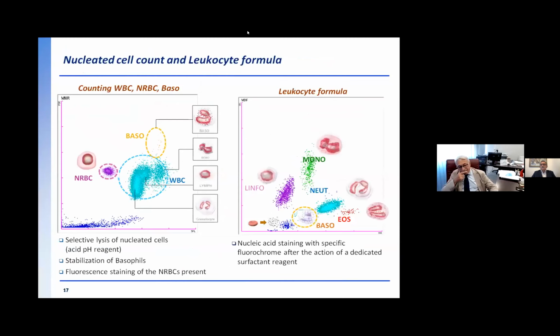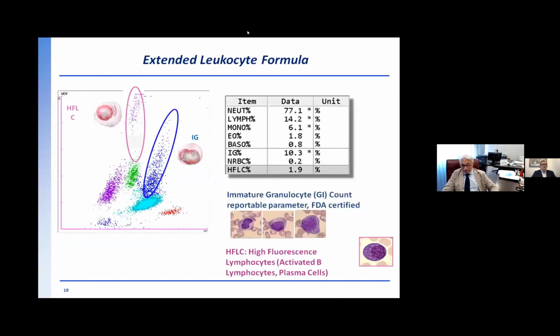There you have nucleated cell count with the acid pH reagent, stabilization of basophils, fluorescence staining of the NRBCs, nucleic acid staining with specific surfactant reagent, and a fluorochrome that therefore determines the fluorescence of these cells, as this case shows.